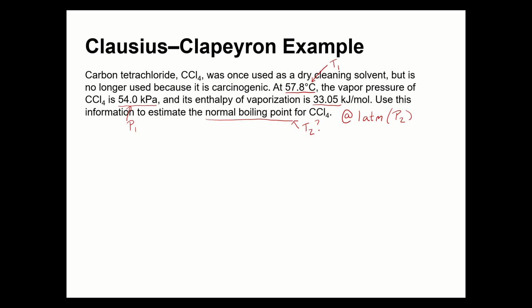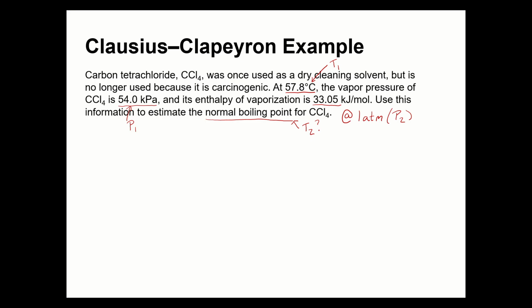And so we can already tell we're going to have to change those pressure units so that they match. And it may be easiest to keep that 1 atmosphere and actually convert the kilopascals into atmospheres. Or you could do it either way.